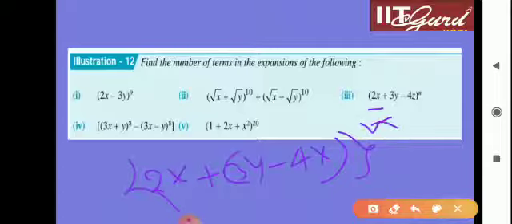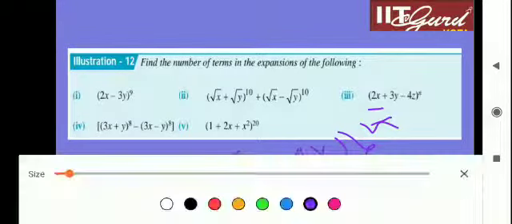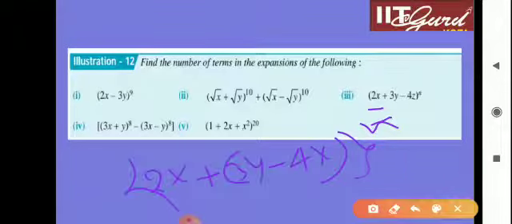This is now our binomial theorem. You consider 2x as x and 3y minus 4z as y, to the whole power n.